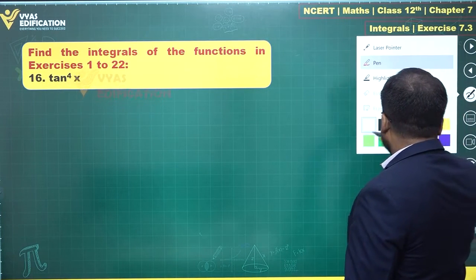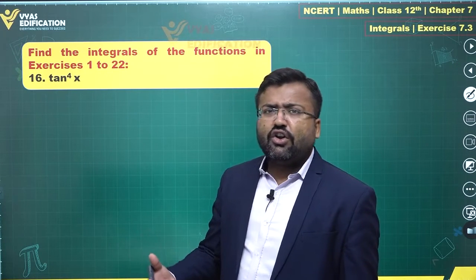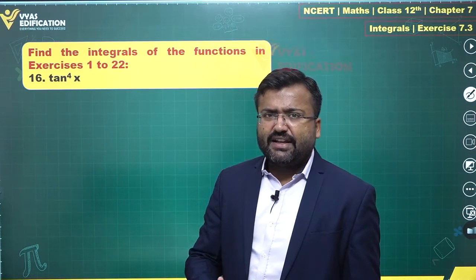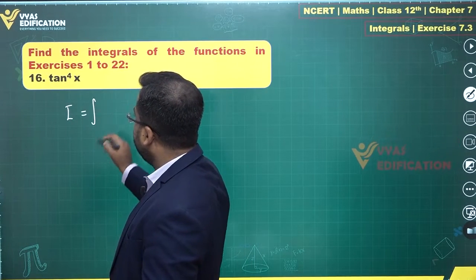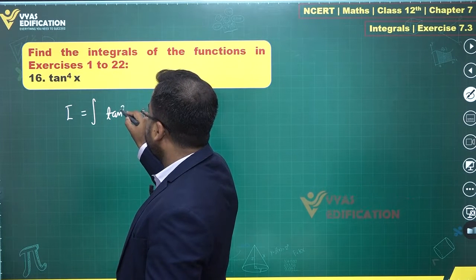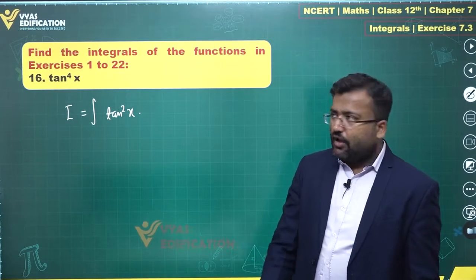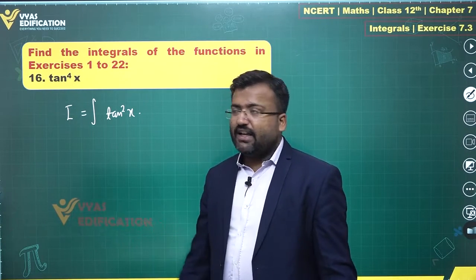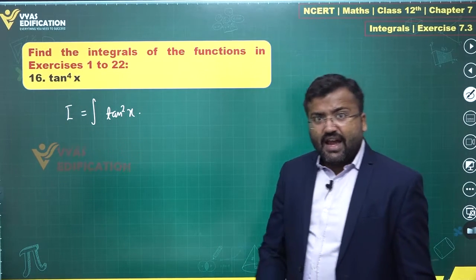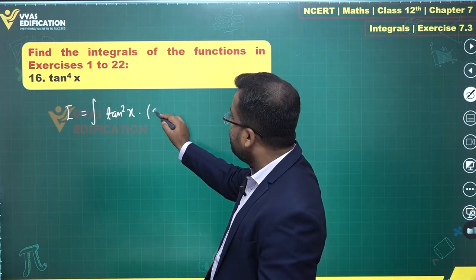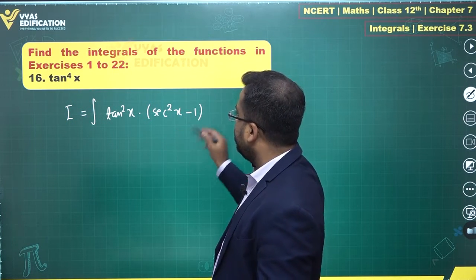So tan power 4 x or such even powers of tan x, or even or odd powers for that matter, what we can do in such cases is, the first thing that we'll do is write it as tan square x times, take one tan square outside basically, and the remaining thing is basically this tan square, right? Had there been tan power 6 x, you'll take tan power 4 x into tan square x, and the other tan square x will be written in terms of sec square x minus 1 is tan square x.